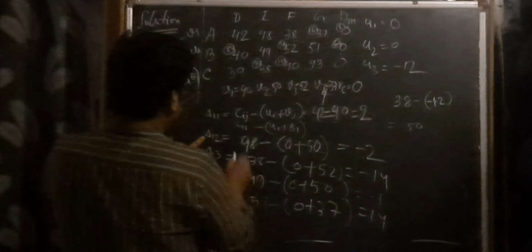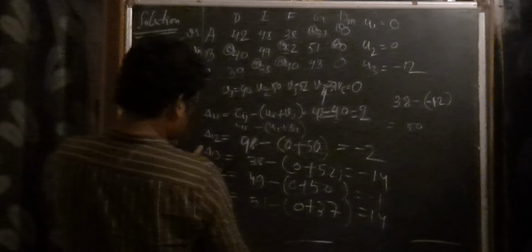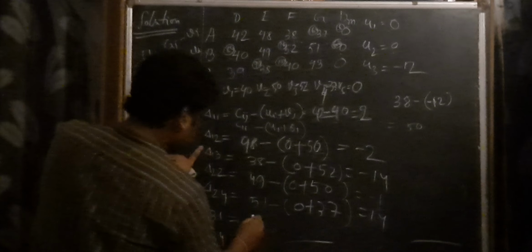Okay, so now del 3 1. Del 3 1 is 39 minus, so minus 12 plus 40.